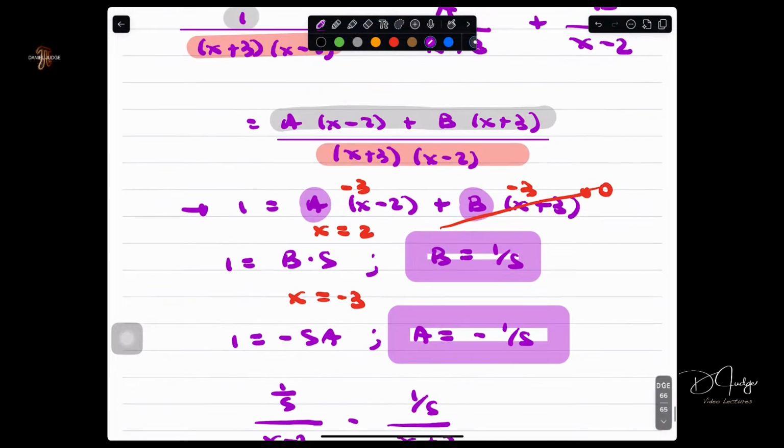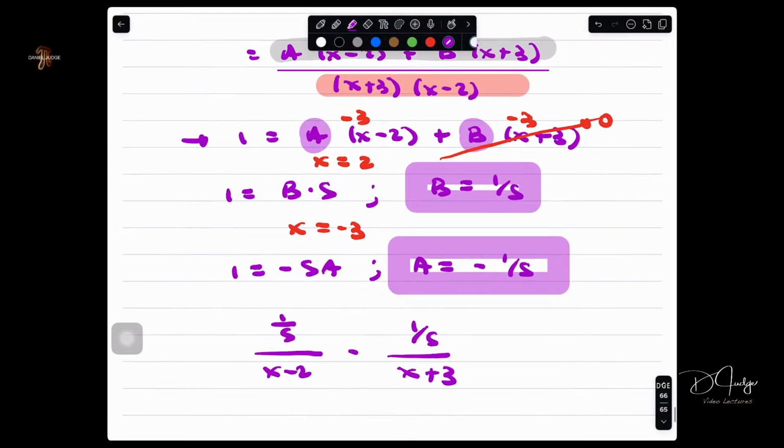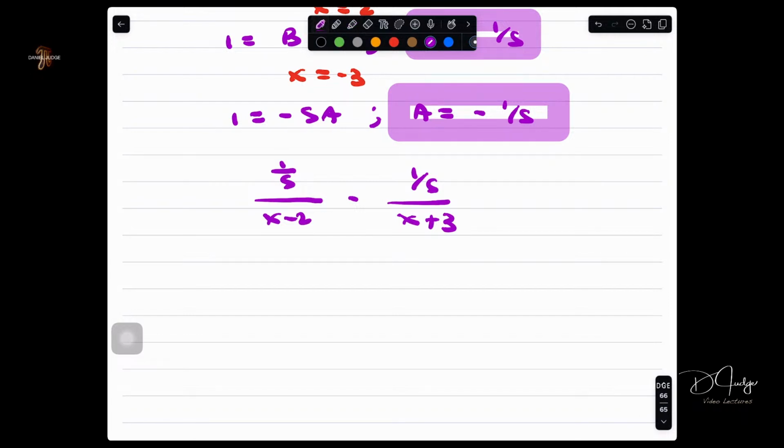As you guys know, I like putting that negative term second, starting my fractions here with the positive value 1/5. So that means that's over x minus 2. Now that really becomes 1 over 5 x minus 2 minus 1 over 5 x plus 3.